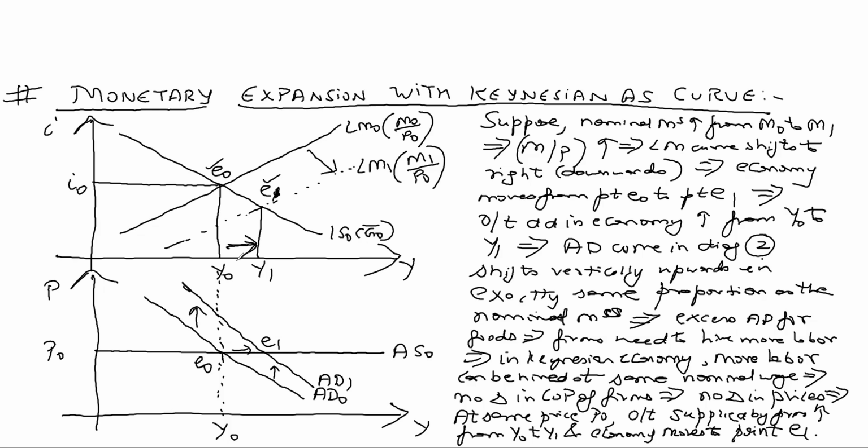When aggregate demand goes up, firm needs to hire more labor. But in the Keynesian economy, you can hire more labor at the same wage rate because the major assumption is that unemployment exists in the economy. So since firms can hire more labor at the same wage rate, no change in cost of production, no change in price, that means at the same price, firms can supply to cover up the demand. As a result, the output in the economy moves from Y0 to Y1.